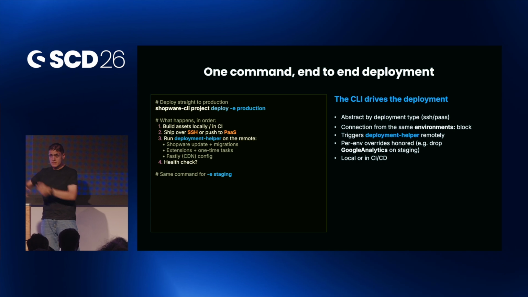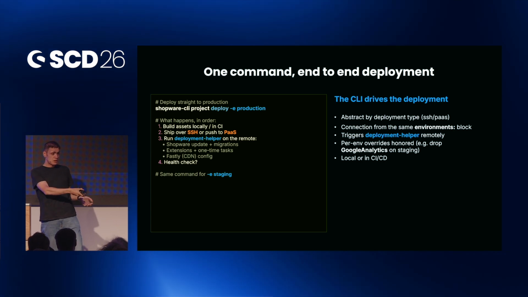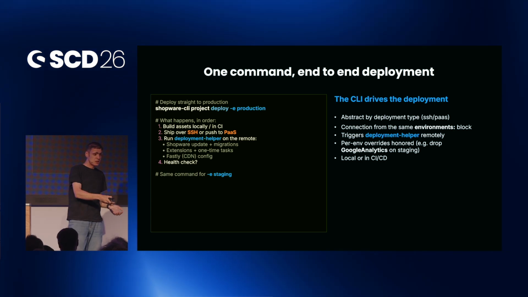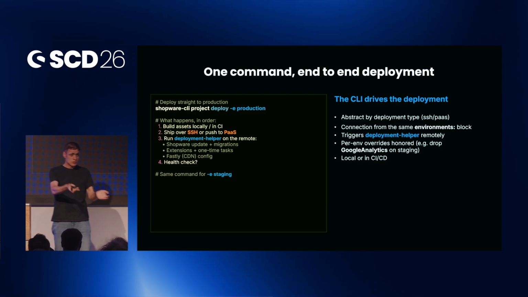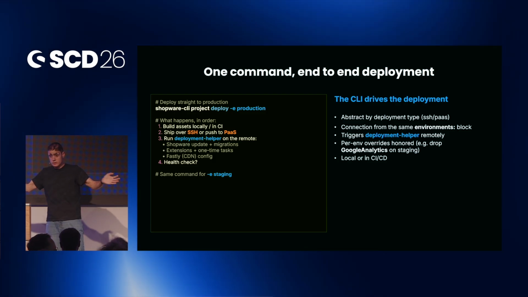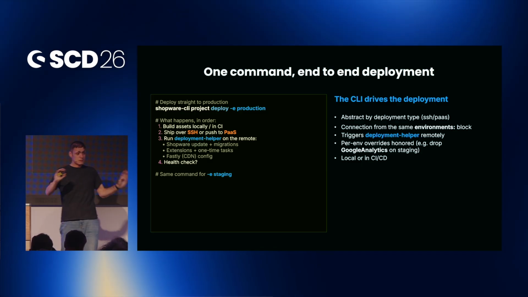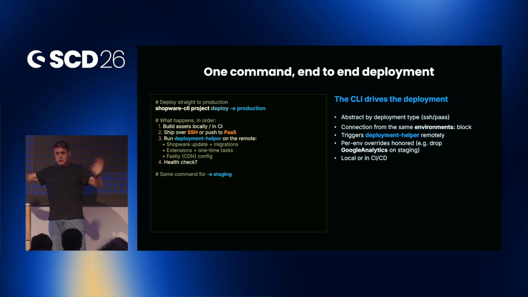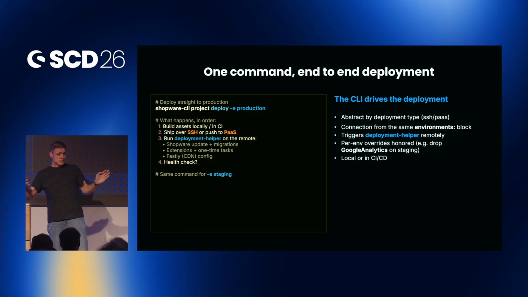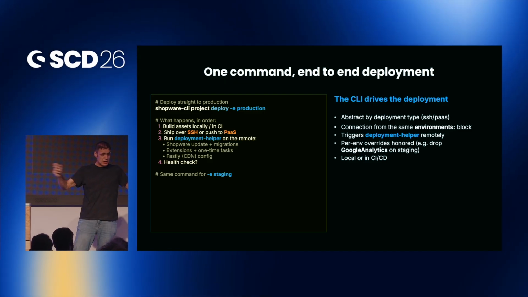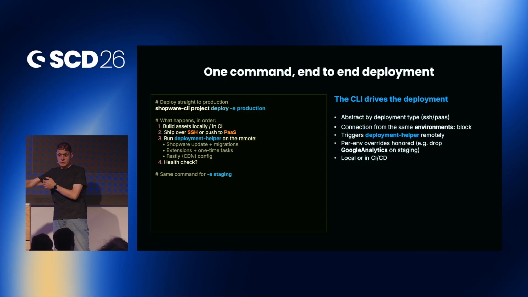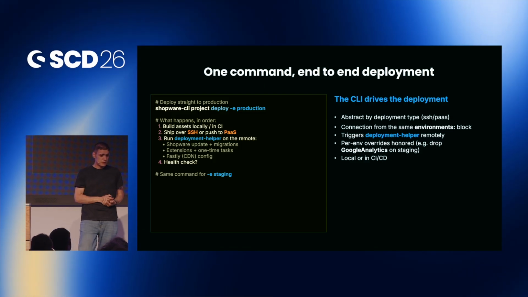We run shopware-cli project ci on your machine or on your CI/CD, copy the files over. We know you use the deployment helper because that's the best practice to deploy, and we run it. We can also do a health check, because Shopware has a health check system with system checks, and if everything is fine, we have this end-to-end deployment case covered.